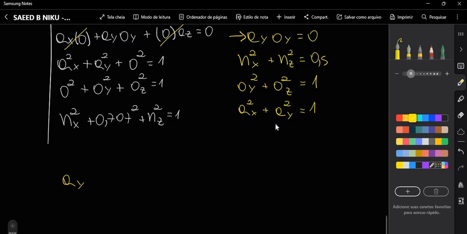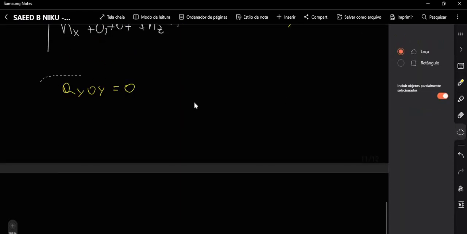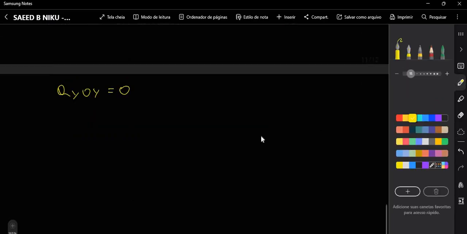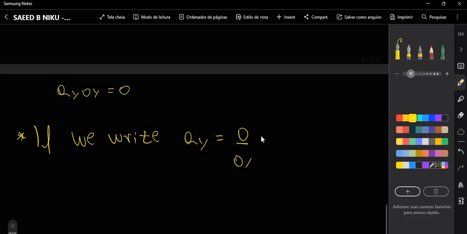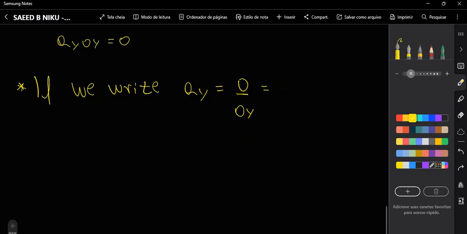You need to pay attention to this. If you write that Ay is equal to 0 divided by Oy, which is equal to 0, then Ay necessarily needs to be different from 0.